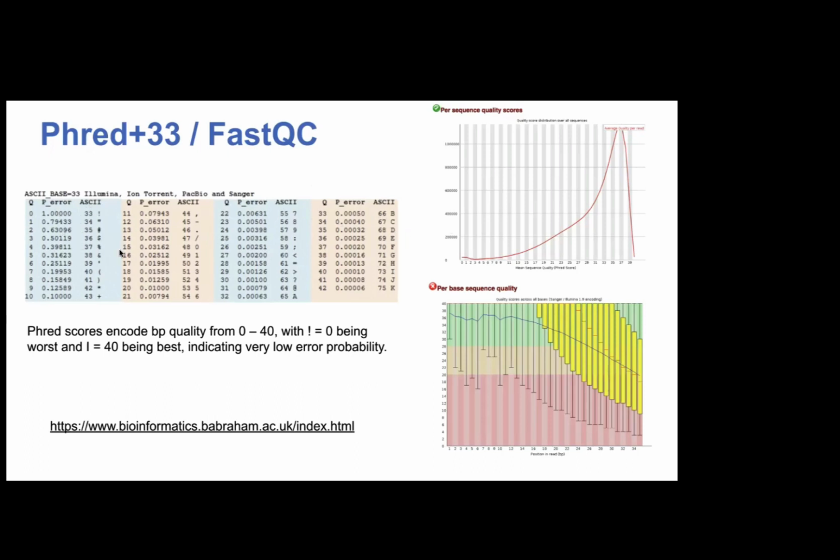There's a nice tool called FastQC, which doesn't have a citation, otherwise I would have cited it, but there's a link that you can look at. Here you can visualize the quality across all the reads given the position, right? In this example, you can see that at the beginning the quality is really high, so we don't expect a lot of errors.